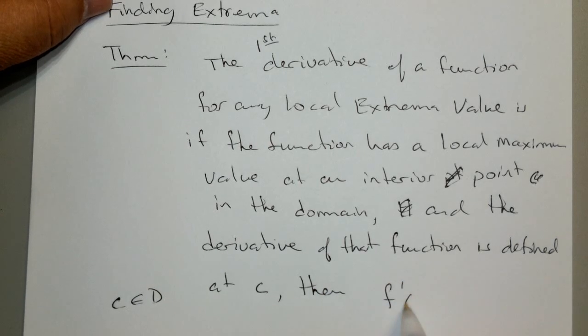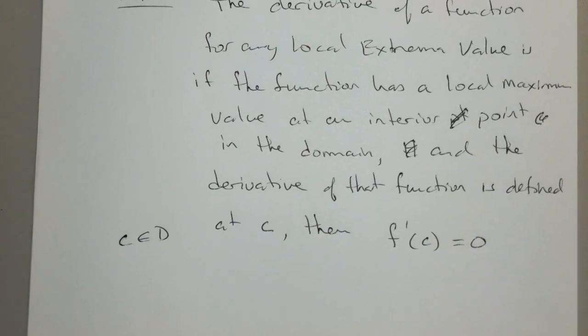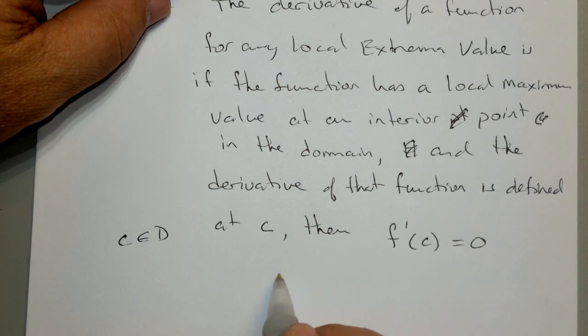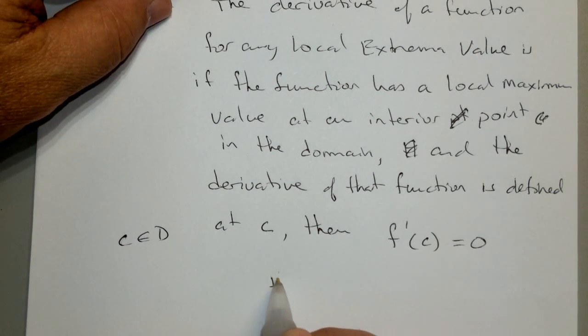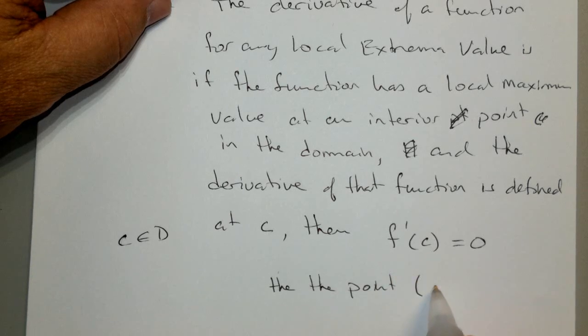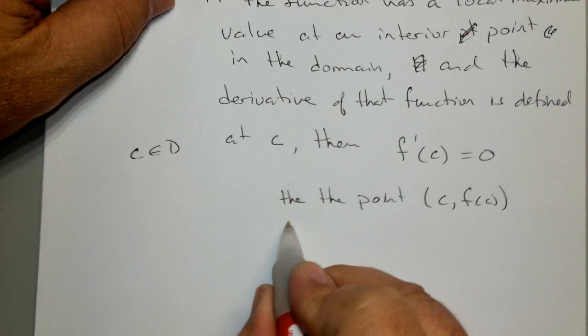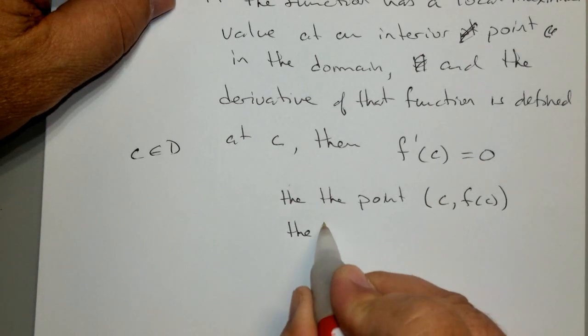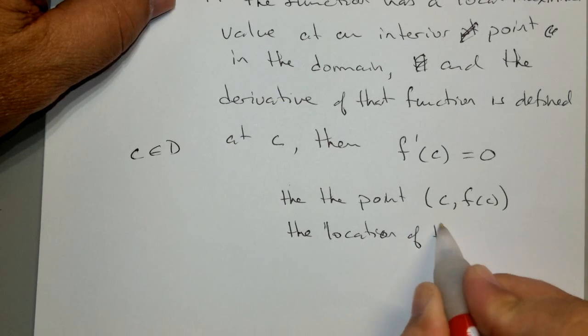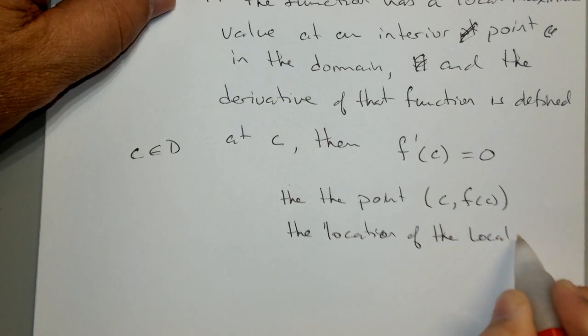Then the first derivative at c equals 0. Point c, f of c is the location of the local max.